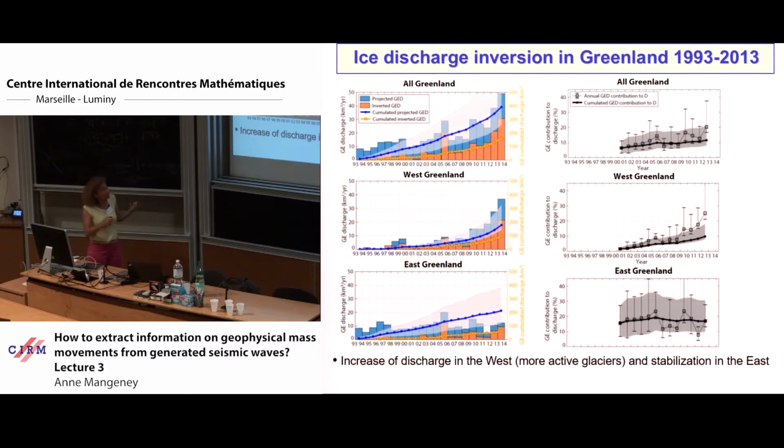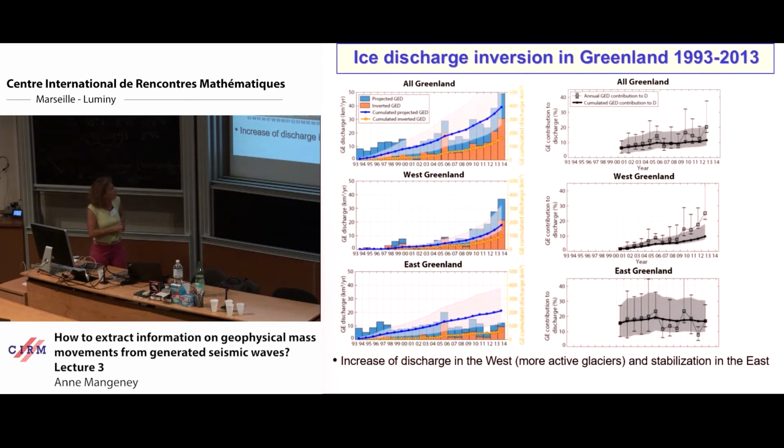Interestingly, we see a difference between the behavior of West Greenland and East Greenland. This is a cumulative value, so if you have a straight line, it means that the value is constant. And if you have an exponential increase, it means that the value increases. You can see that behind you have an almost constant value, and here, increasing value.